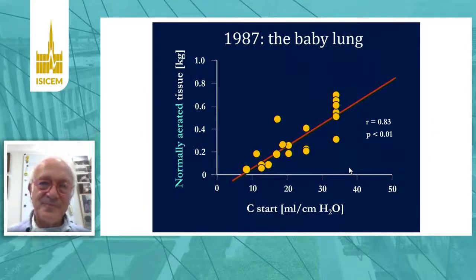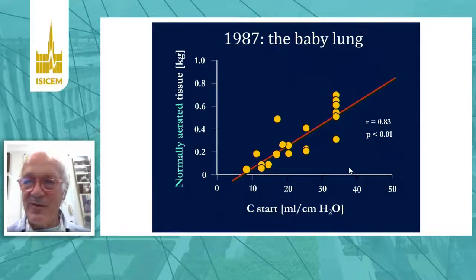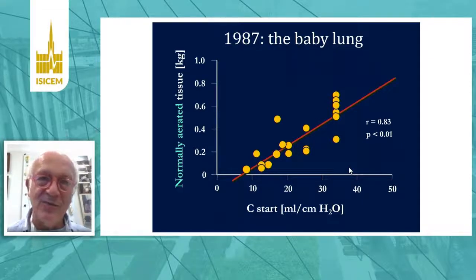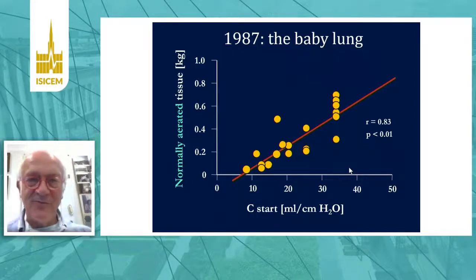Next, being able to measure the amount of normally aerated tissue, we discovered a very important thing, that is that compliance of the respiratory system was related to the amount of normally aerated tissue rather than the amount of disease. What was important was the amount of lung that was still aerated.